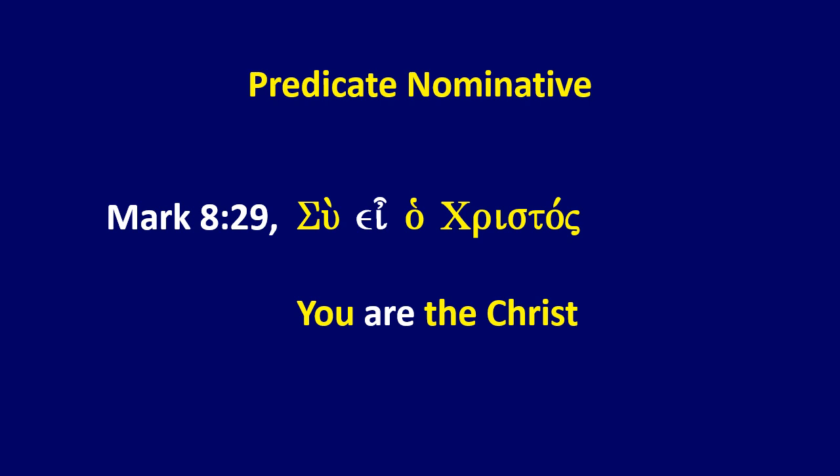And combined here with the second person personal pronoun su for you, is how it would be translated in English, you know that this is also in the nominative case form. And so you basically have here two nominative case form words functioning on both sides of this sentence. But here in this instance, ho Christos would be the predicate nominative technically.